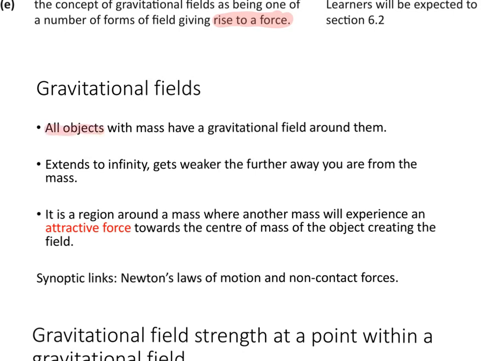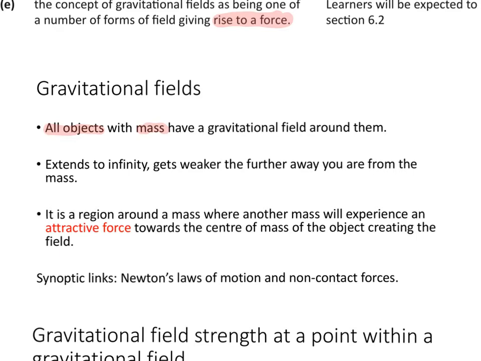Well, all objects that have mass have a gravitational field around them, including yourselves, including your laptop or your book. Anything that's made of matter, which is everything that you can visibly see around you, at least, has mass, and they all have a gravitational field around them.